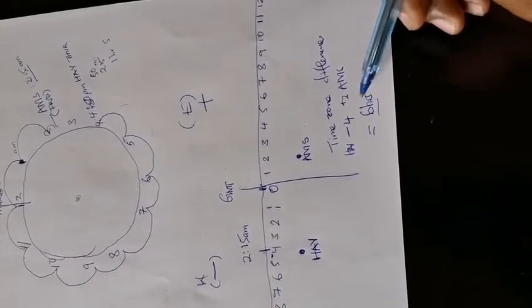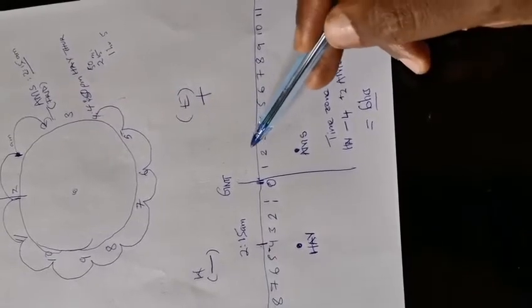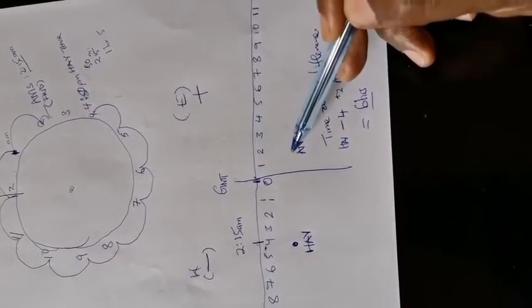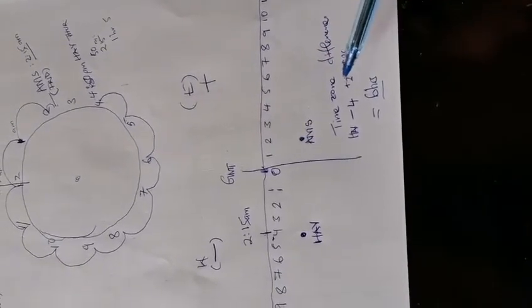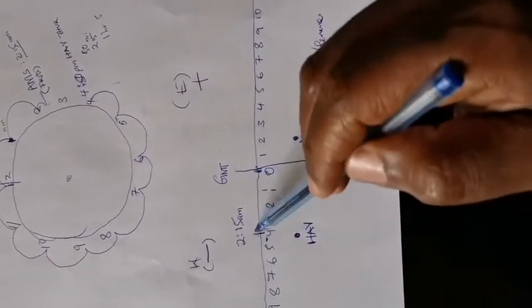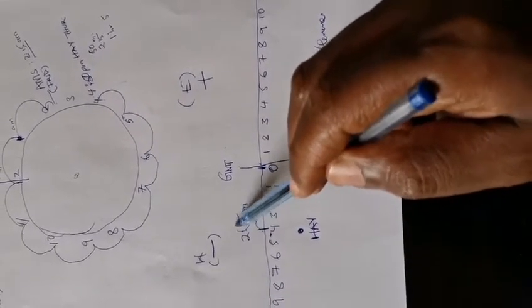Remember, we add the time zone difference when the time that we want to find is ahead. Okay, so we are going to add the 6 hours, the time zone difference. So we shall move. First, ignore the 15 minutes.